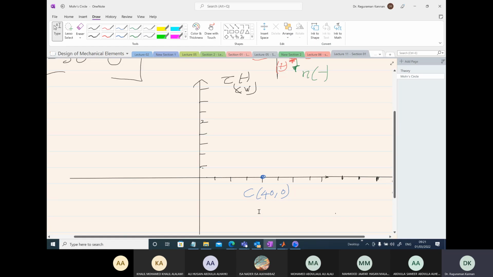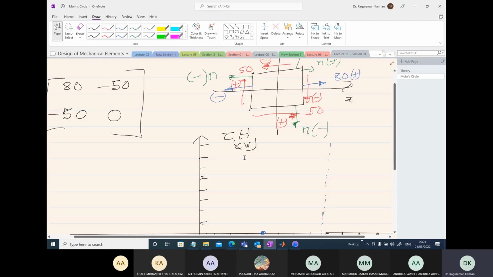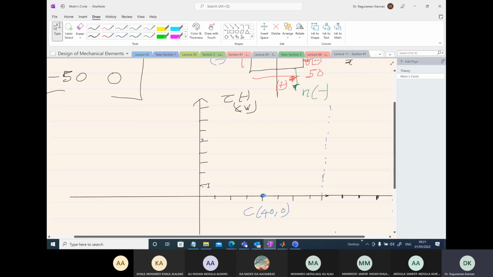Let's identify the point A. 80. So we go 10, 20, 30, 40, 50, 60, 70, 80. This is the point, 80 here. Let's draw a vertical dotted line here, and then minus 50 here, negative in this direction, tau, 10, 20, 30, 40, 50.